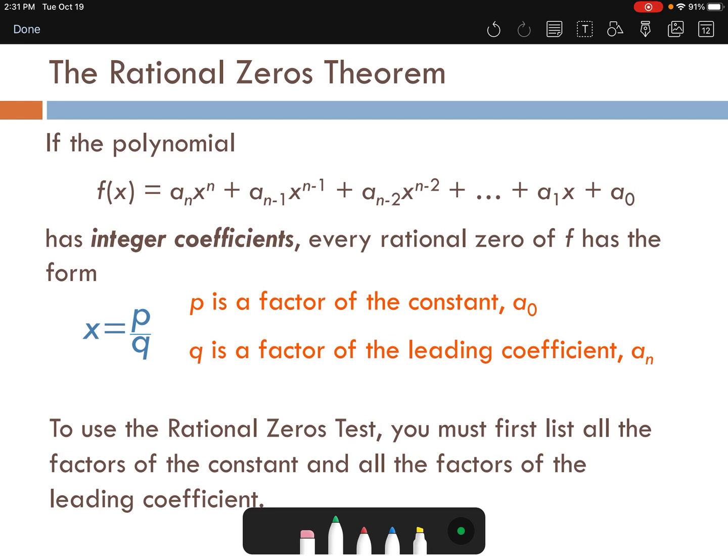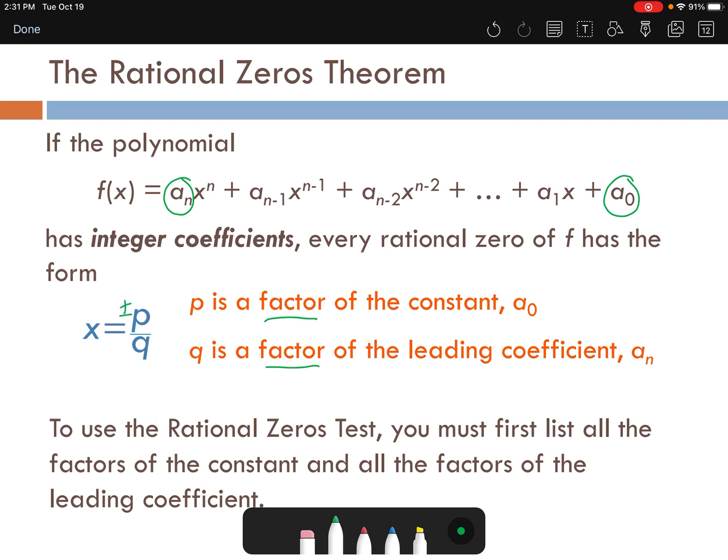So using this theorem, we can figure out what possible zeros can happen in this polynomial. To do that, we can look at the constant term and the leading coefficient. If we call the constant term a sub 0, the factors p, and then q, the factors of the leading coefficient, and we divide them.